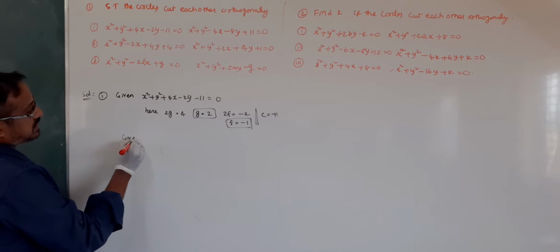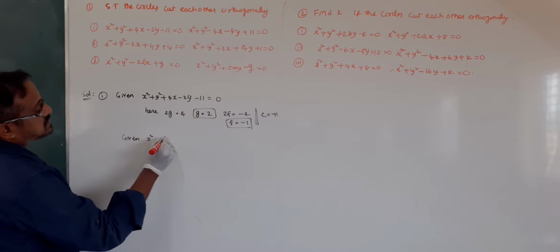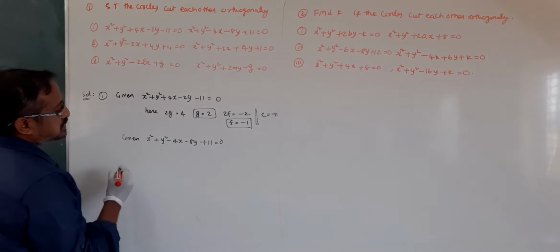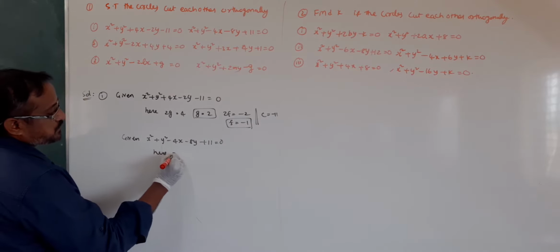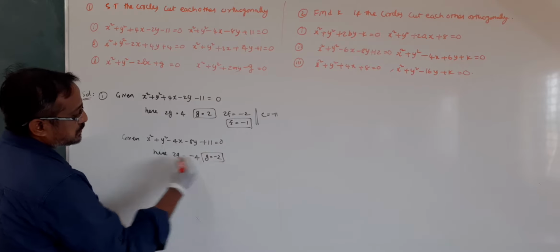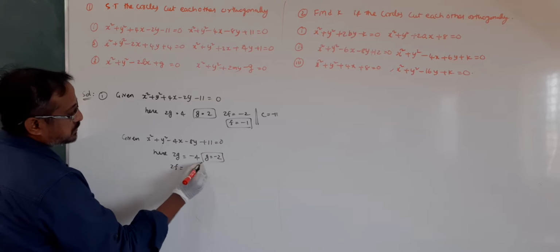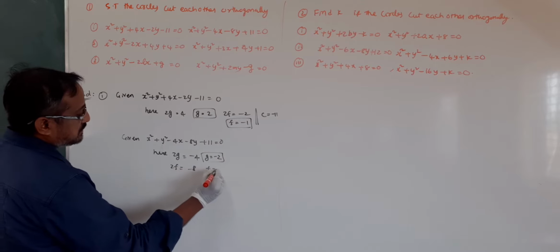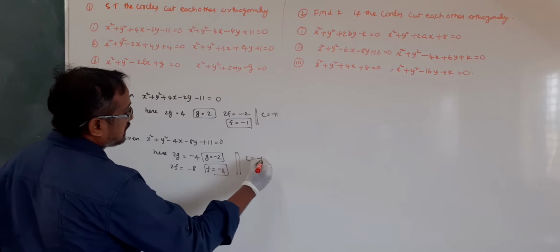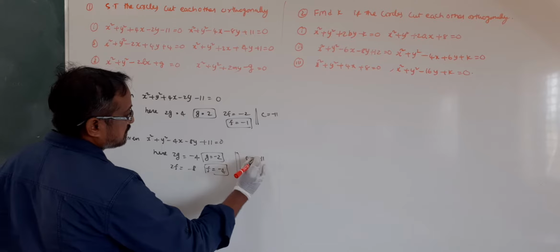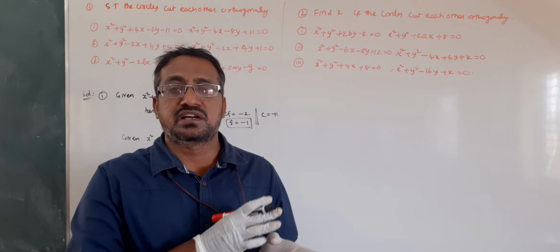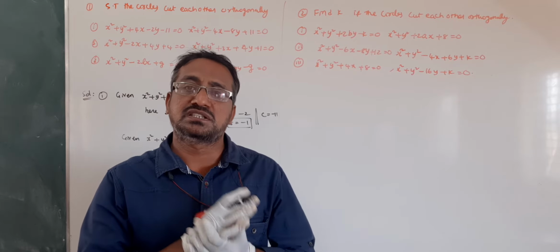And given another circle x square plus y square minus 4x minus 8y plus 11 equal to 0. So here 2g' is equal to minus 4, g' is equal to minus 2, 2f' is equal to minus 8 and f' is equal to minus 4 and here c' is equal to plus 11.